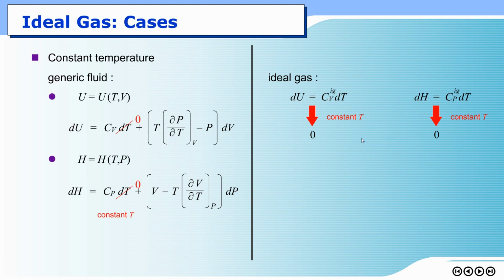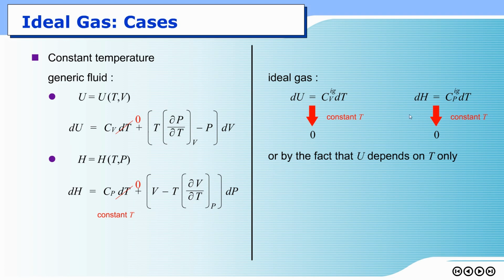So you can see that if you apply the ideal gas assumption, as long as temperature does not change, both internal energy and enthalpy remain constant. It does not change at all as long as temperature does not change. But for a generic fluid, there will be small changes here and there.